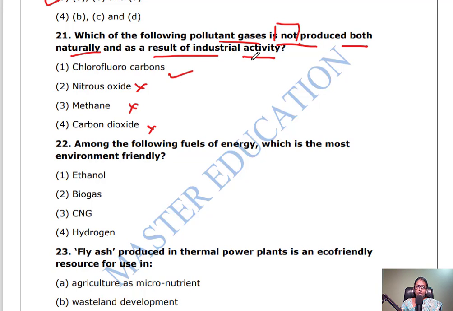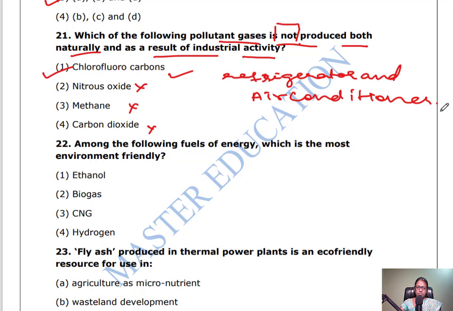Chlorofluorocarbon is not produced naturally; it comes from refrigerators and air conditioning. Refrigerators and air conditioners are the source of chlorofluorocarbon. So the answer is option 1, chlorofluorocarbons.